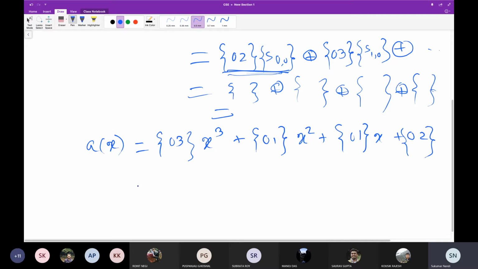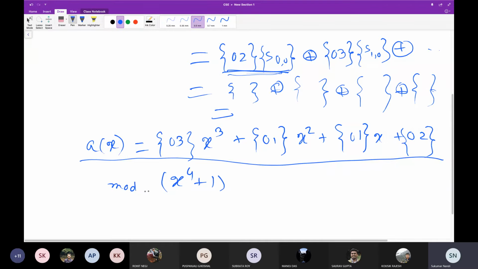Now we require inverse multiplications. As we need inverse multiplications, if this equation is this, I want an inverse of it. To do that, I require one modulo polynomial, and the polynomial used by Rijndael AES is x to the power 4 plus 1.